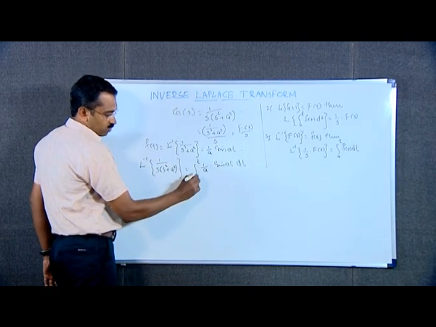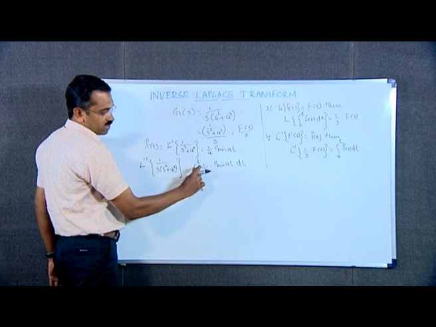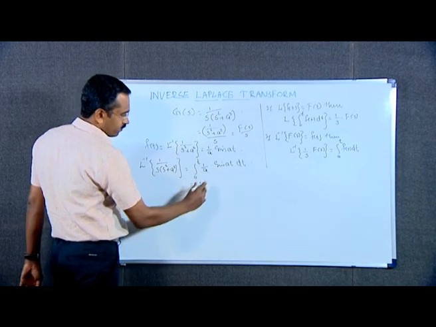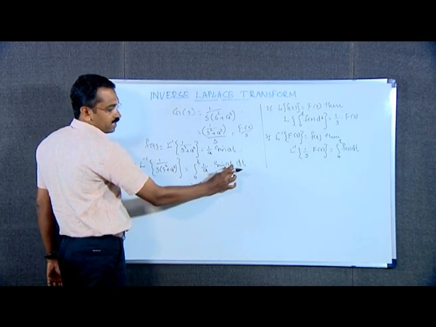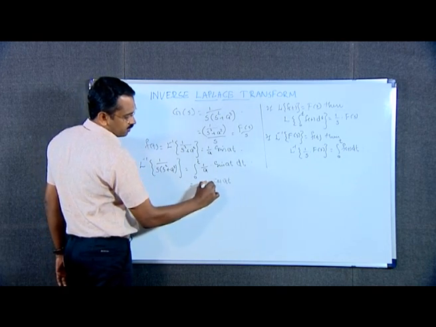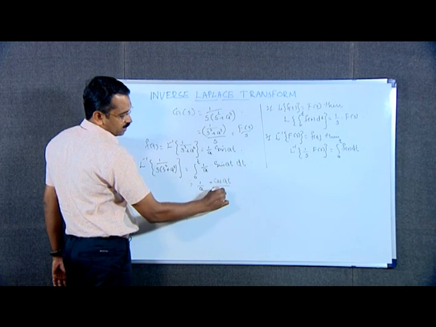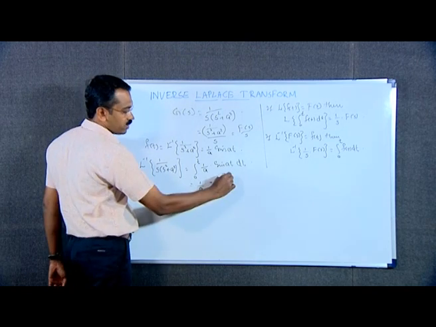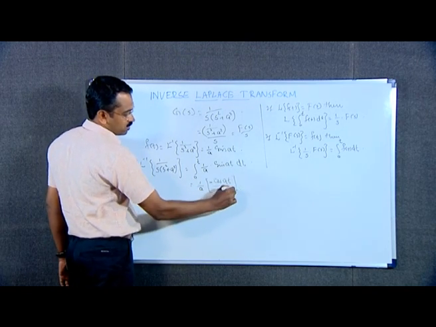That is, 1 by a can be taken outside because the integration is with respect to t. Integral sin a t means minus cos a t divided by a between the limits 0 and t.